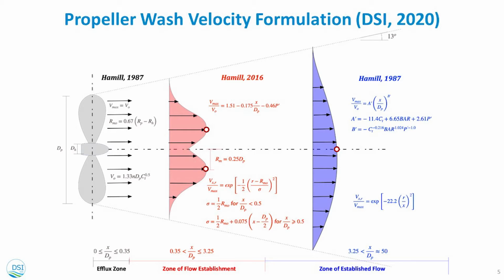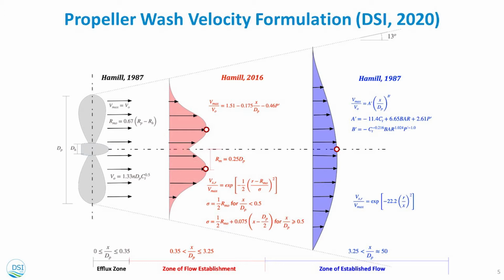The analytical solution selected for this effort is basically variations on Hamel with some other authors, published at different times. But it fundamentally falls into three basic velocity zones.